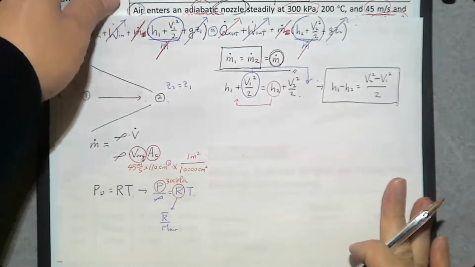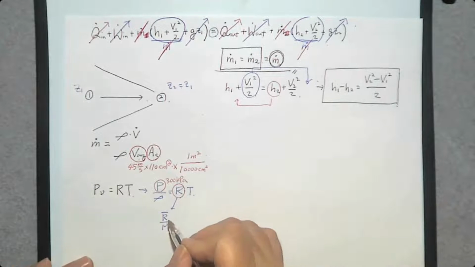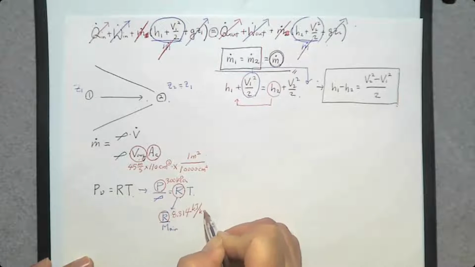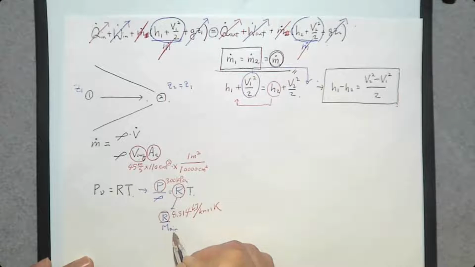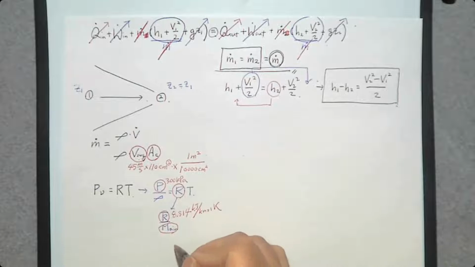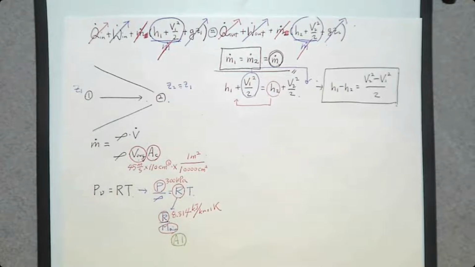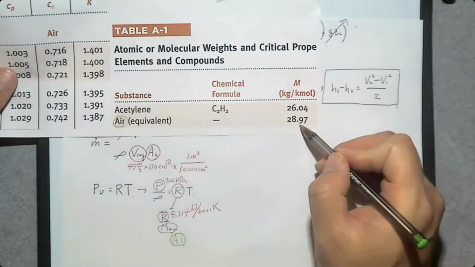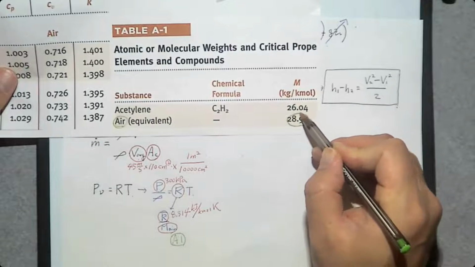The universal gas constant is always 8.314 kilojoule per kilomole Kelvin, and the molecular weight of air can be found from this table, table A1. So this is table A1. Air, the molecular weight is going to be 28.97.